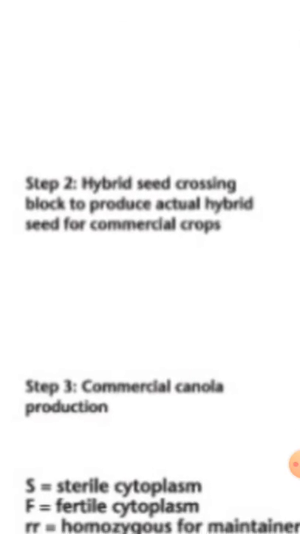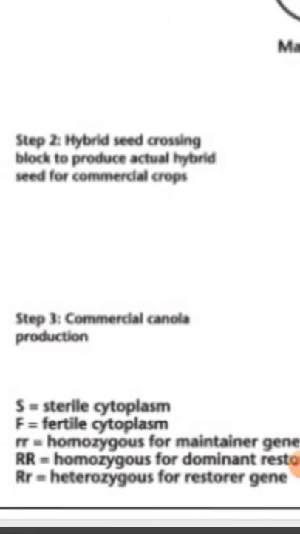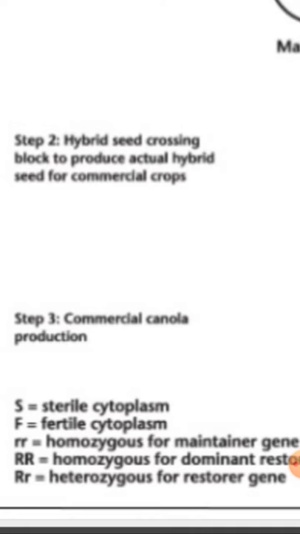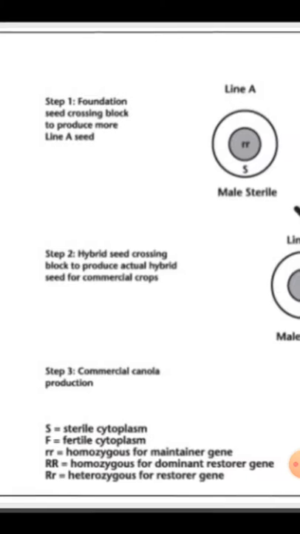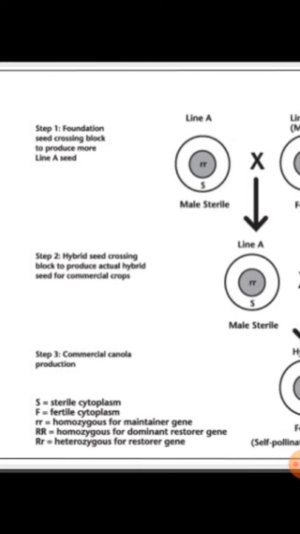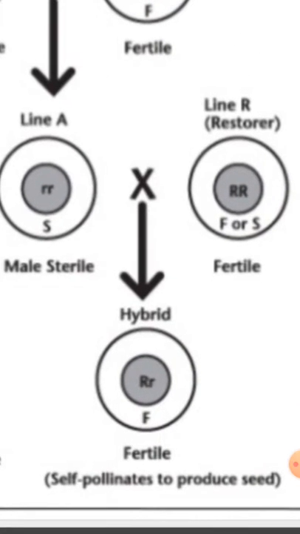The hybrid seed crossing block produces actual hybrid seeds for the commercial crop. S is sterile cytoplasm, F is fertile cytoplasm, small r is homogeneous for the maintainer gene, capital R is homogeneous for the dominant restorer gene, and capital R small r is heterozygous for the restorer gene. So the restorer genes here restore the fertility of the line, and the sterile line gets changed into the fertile line.